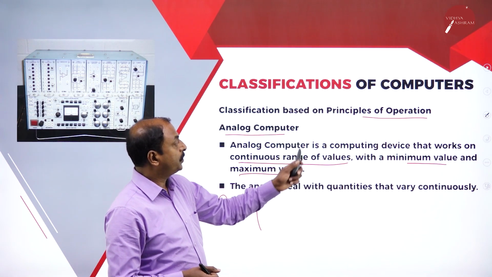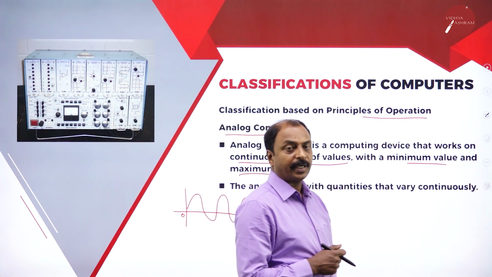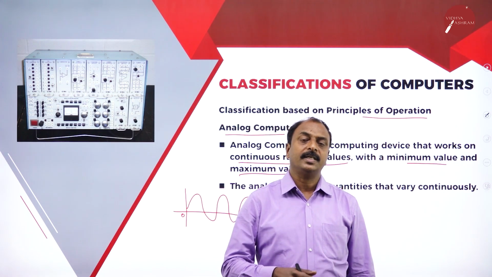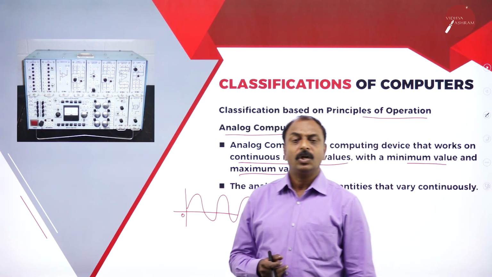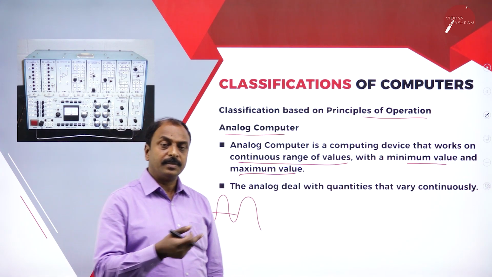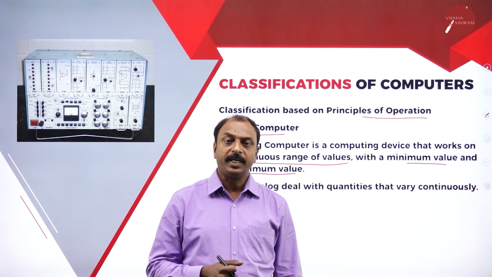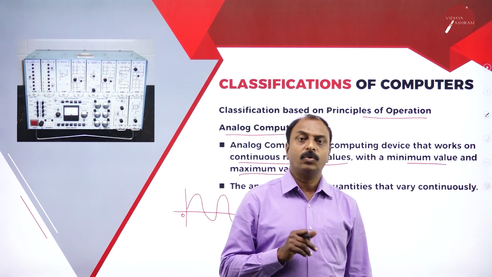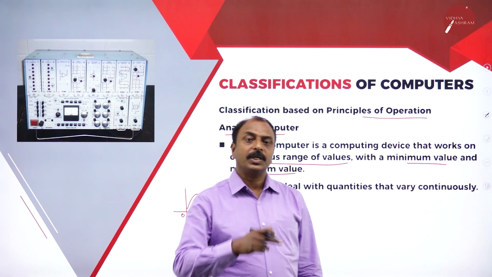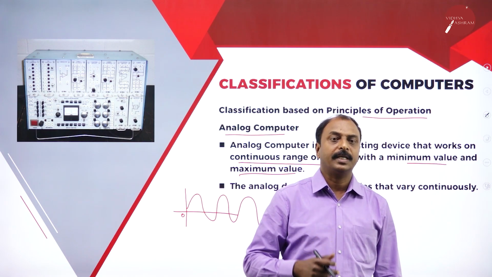So an analogous computer used to work on a continuous range of values. Another example we can see here is a sphygmomanometer, which is used to check BP or blood pressure. Now, how do doctors or any diagnostic center check your BP? They rate your blood pressure by looking at the mercury level, which is moving from one range to another range.